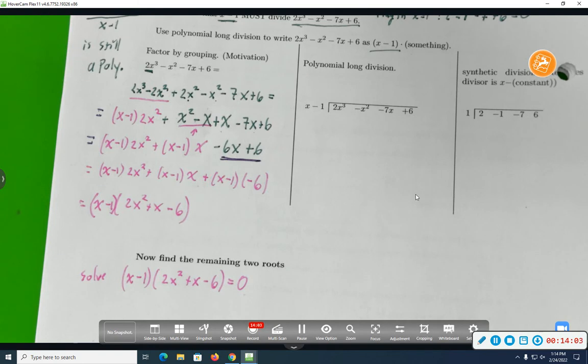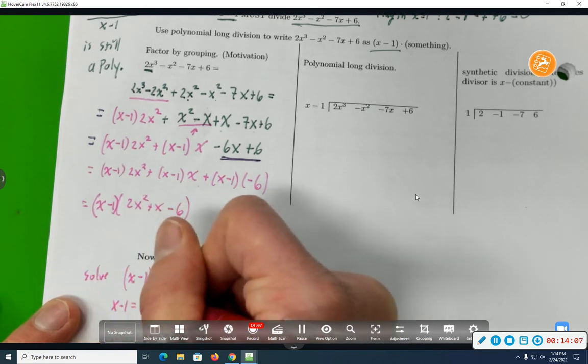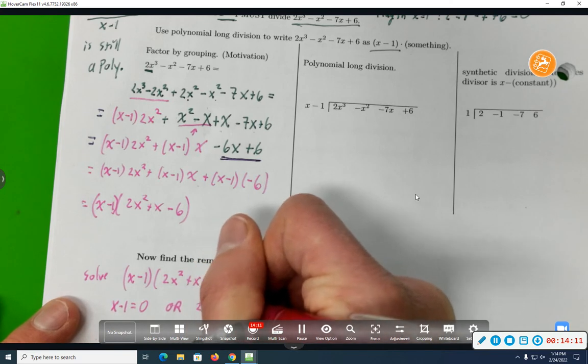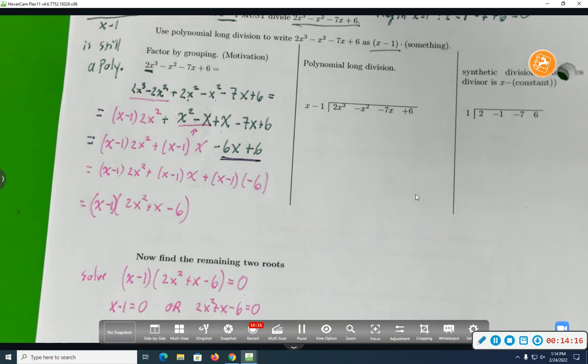So I can break that into two simpler equations. So x minus 1 is equal to 0, or 2x squared plus x minus 6 is equal to 0. What's the solution to the leftmost of those two equations? x equals 1. The solution we already knew.